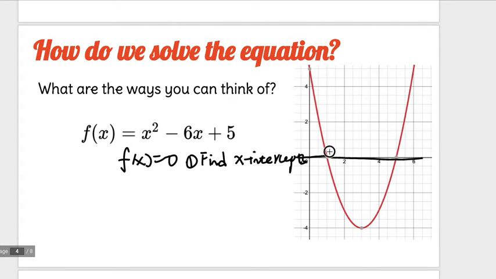Whatever the x-intercepts are will be our solution. That's one way. The second way will be our focus today. Probably some students already know this method, called factoring. Factoring will be the focus of the day.